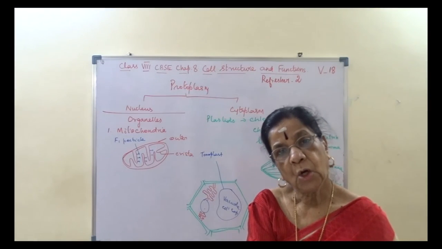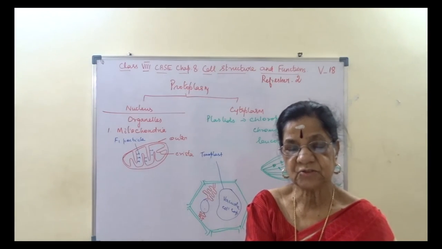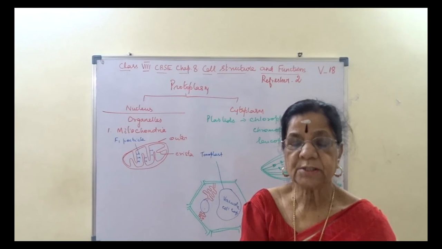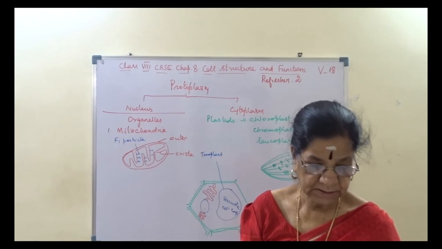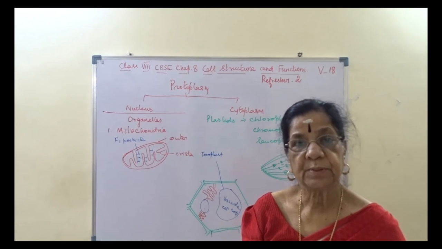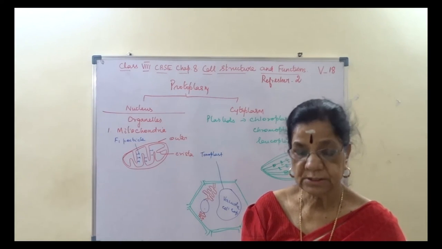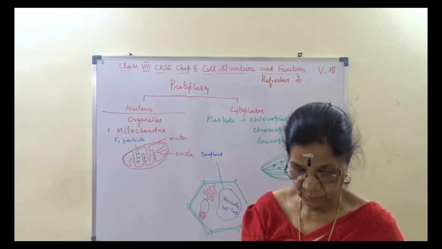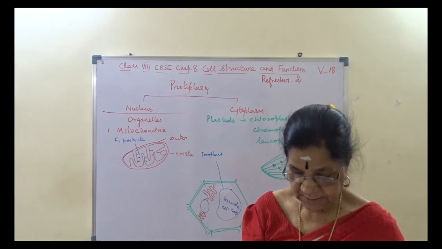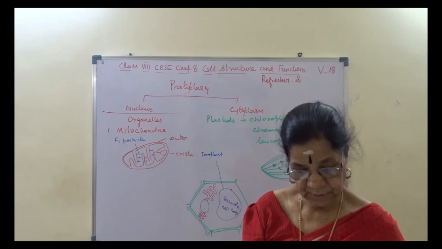And lysosomes are found in all animal cells. And plastids are absent. Glycogen is the storage material. I hope you understand this. So this is for the cell structure and function. In our textbook, it is cell structure and function.